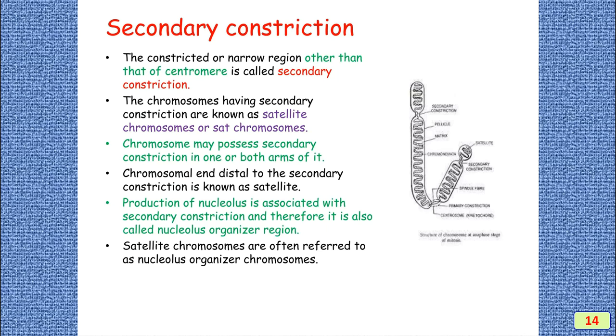The chromosome end distal to the secondary constriction is known as the satellite. The production of rRNA is associated with the secondary constriction, and therefore it is also called the nucleolus organizing region.